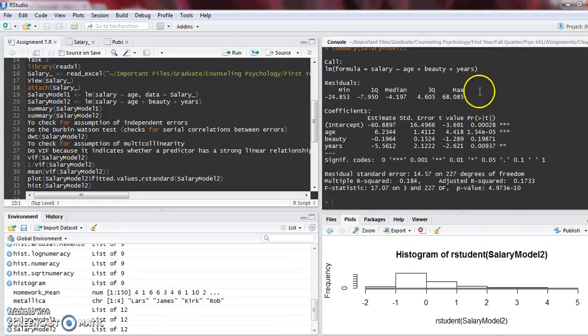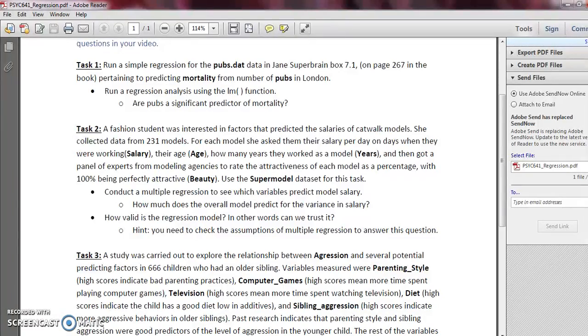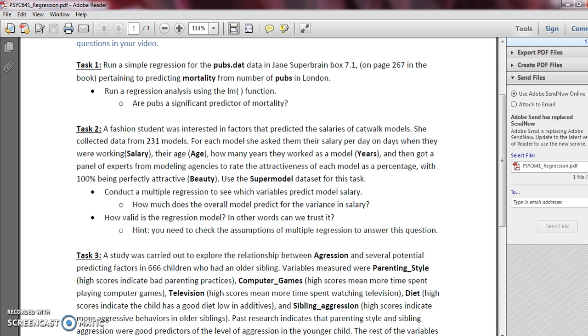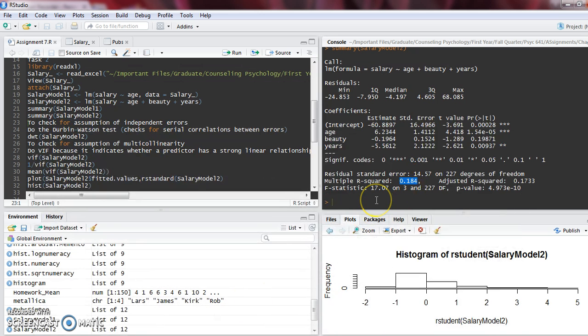Looking at all of our variables right here, our overall model predicts 18.4% for the variance in salary overall.